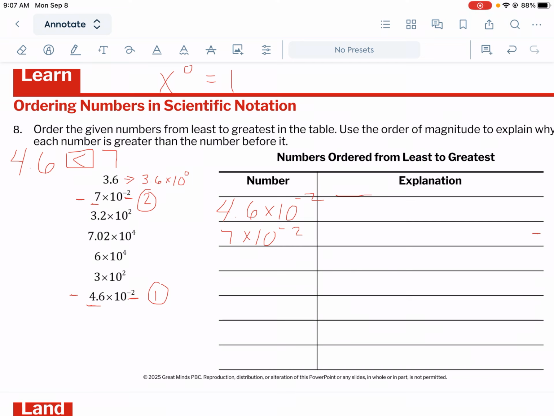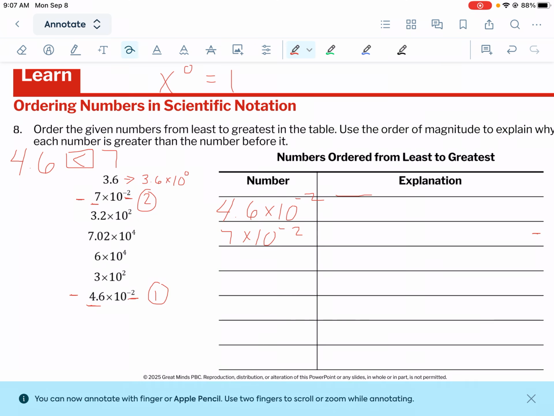Next, I'm just going to count up from negative 2 going in a positive direction. We don't have any numbers that have an exponent of negative 1, so we don't have to worry about it, but we do have one with an exponent of 0. That's the 3.6 at the top. So that'll be next, and I'm just going to label that 3. Here you can put it in scientific notation, but you kind of don't have to.